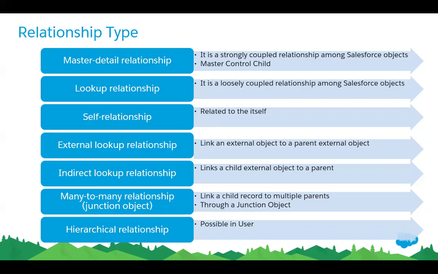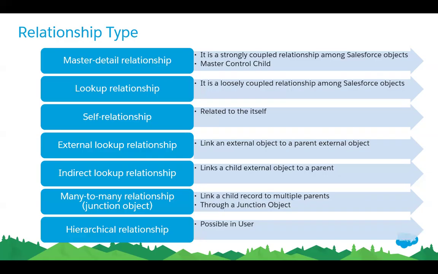That is the typical example of master detail relationship. If the master is deleted, the child also will be deleted. You cannot have a child without the parent. Sometimes we call it parent child, or master detail. Both have similar meaning. So order line item is the typical example in this case.